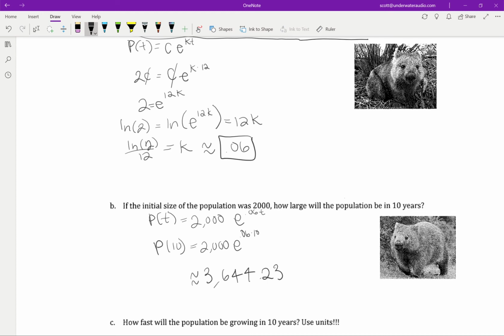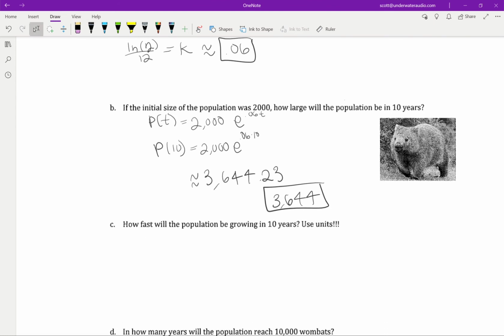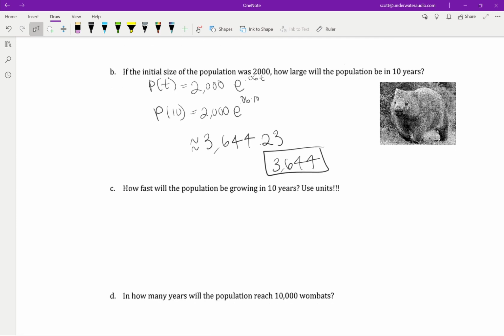I would round down for this one because you wouldn't say you've got like 2/3 of a wombat. So 3,644 wombats. Okay, part C. How fast will the population be growing in 10 years?